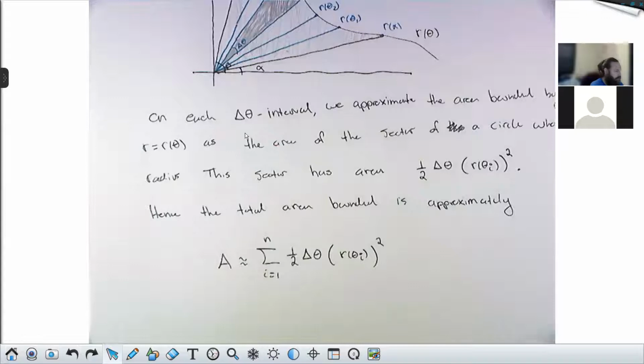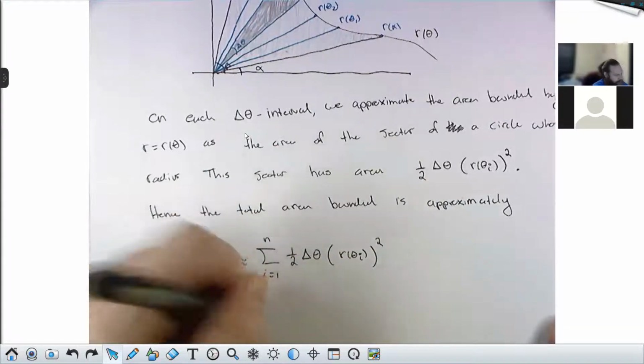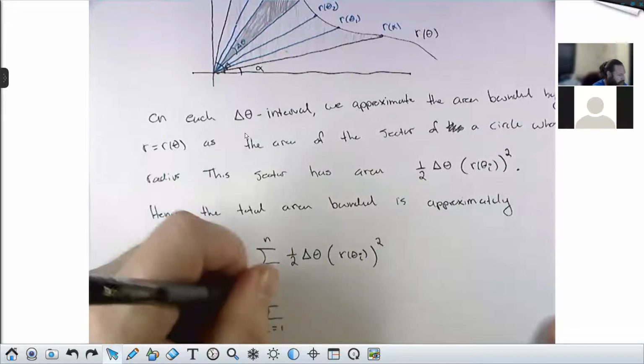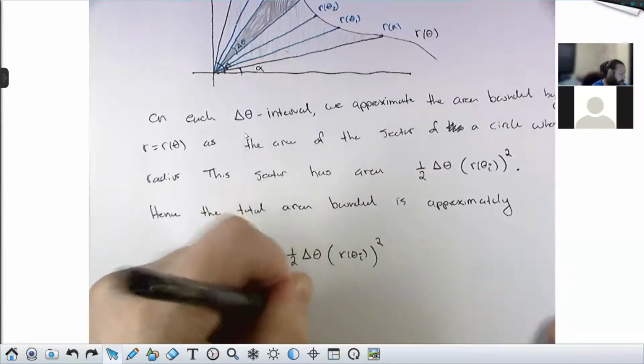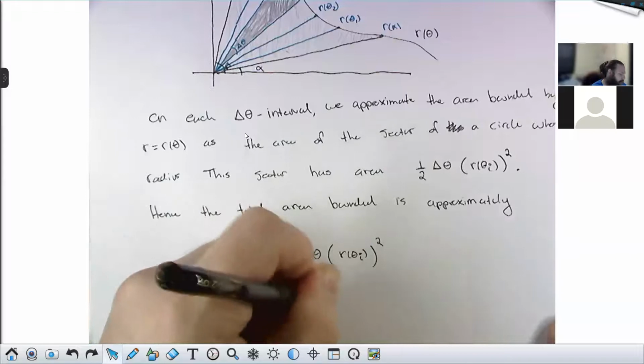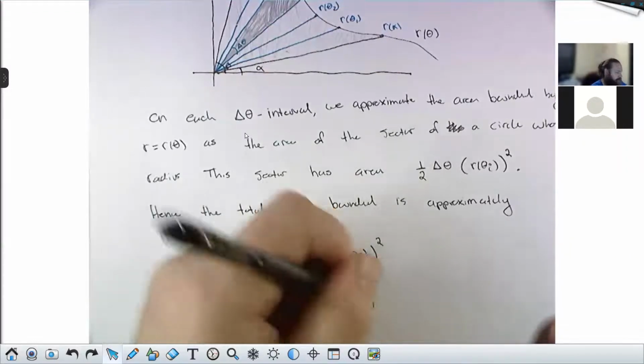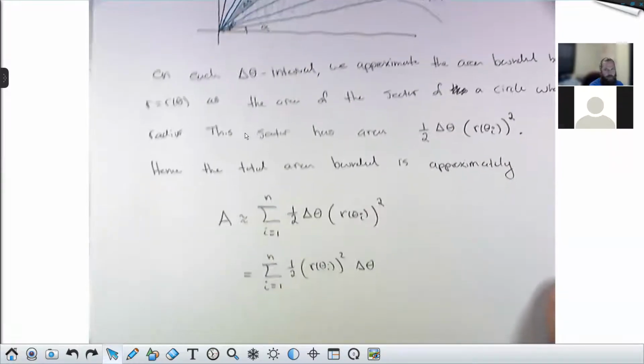And if I want to, I can rewrite that. This might seem a little bit silly, but as the sum from 1 to n of 1/2 R of theta i squared times delta theta, to make it look just a little bit more like a Riemann sum.